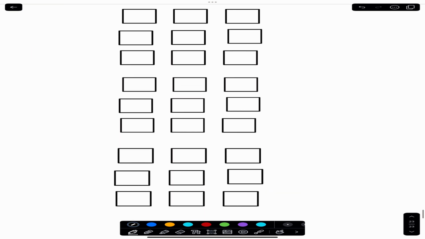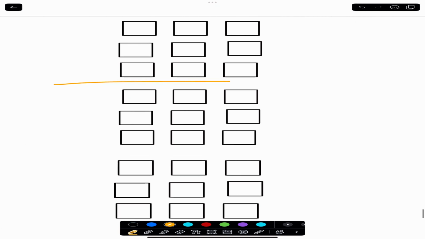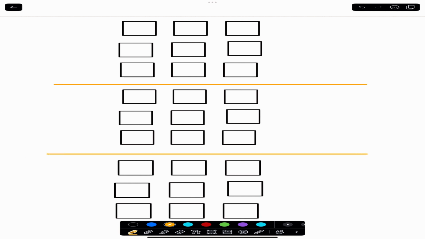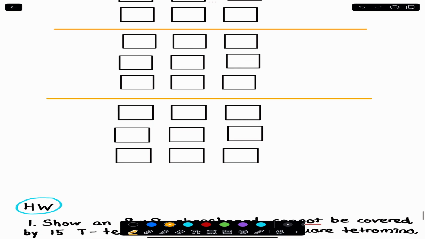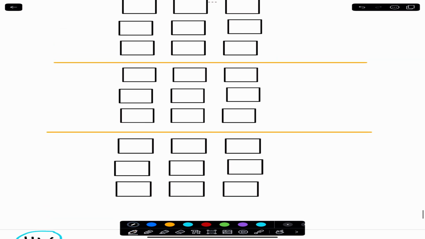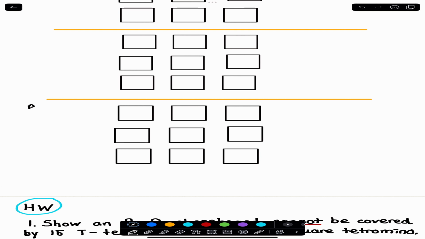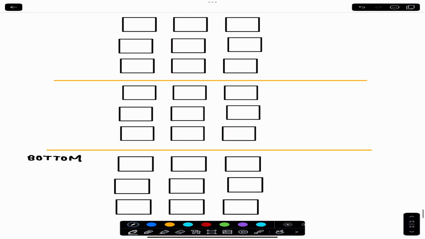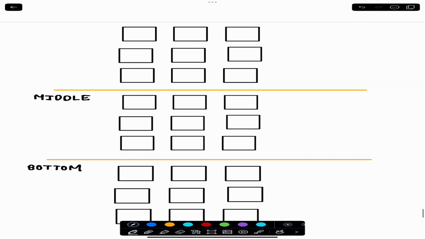So I am going to now add a few lines to represent the different levels. Let's consider this one to be the bottom section. This one will be the middle section, and this one will be the top section.